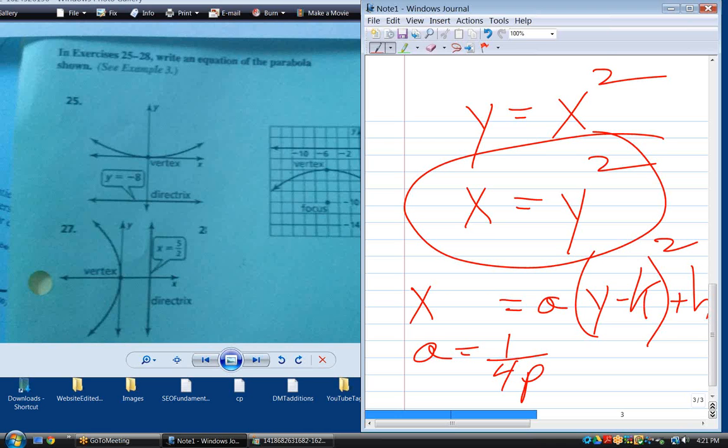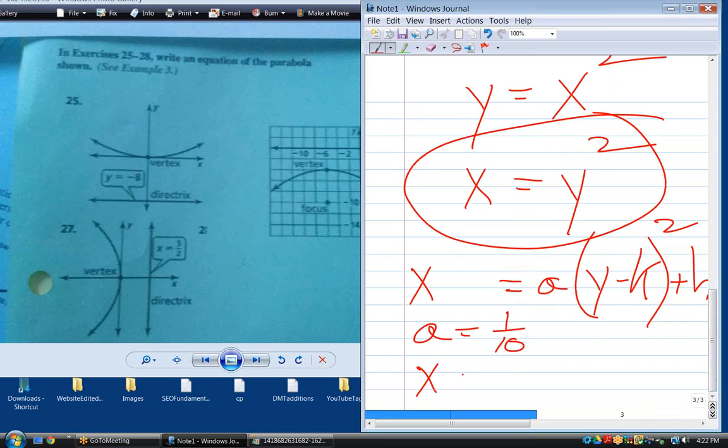Okay, what's p? 5/2. Okay, so if I plug in 5/2 for p, I get 1 over 10. So a becomes 1/10. Everything else is spelled out. So the formula is x equals 1/10 times y squared, except for one problem.